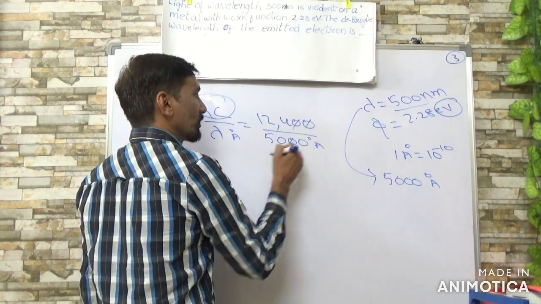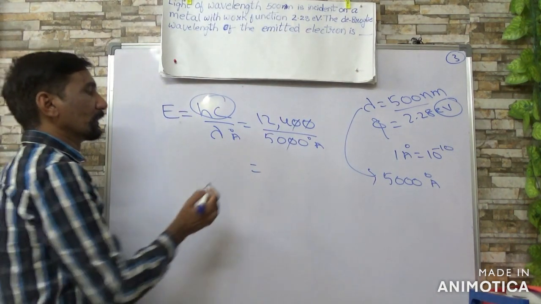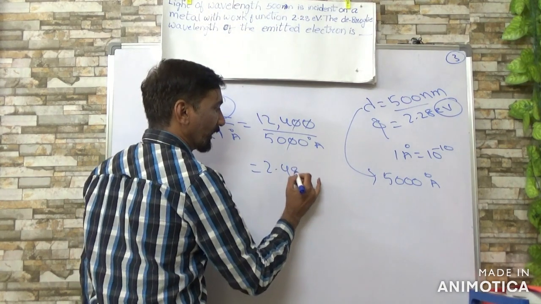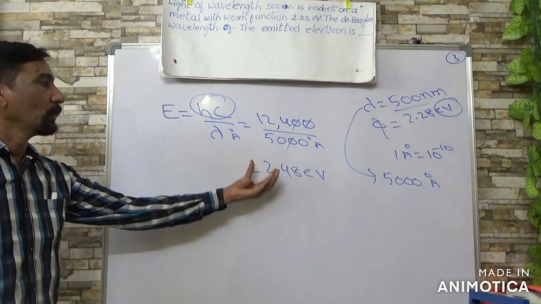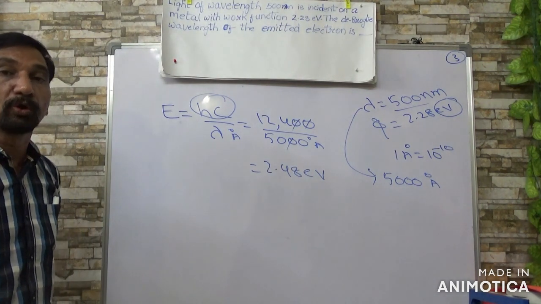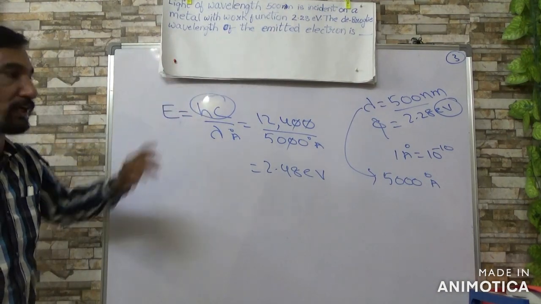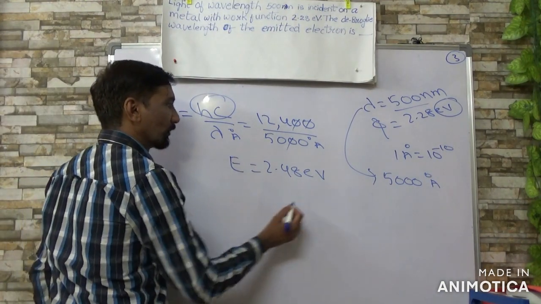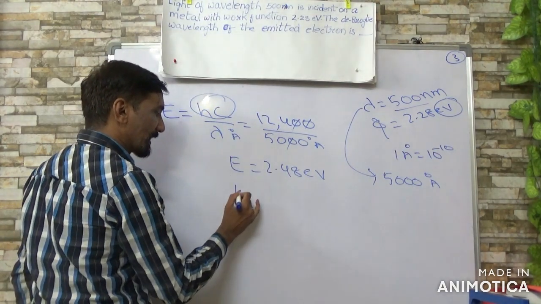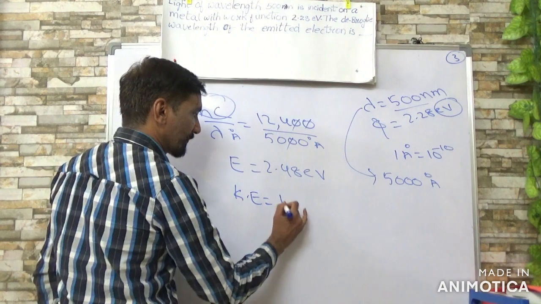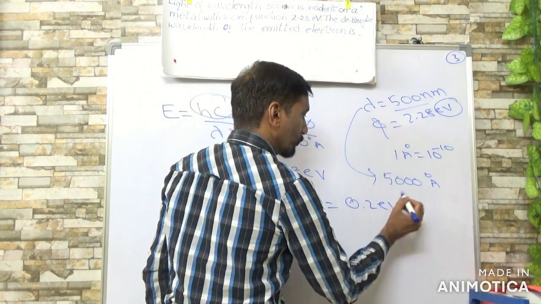So 2 zeros cancel, 124 by 50, nothing but 2.48 eV. So what is the total energy? 2.48 eV. Out of that, the work function is 2.28, so the remaining kinetic energy, E minus phi, is 0.2 eV.